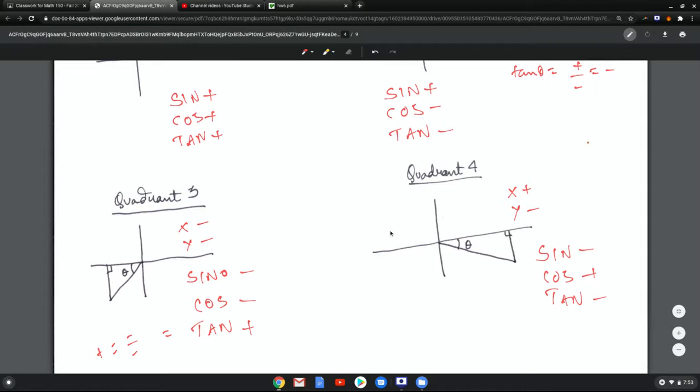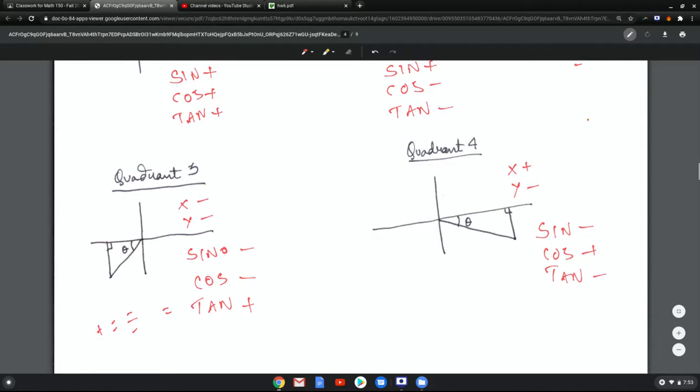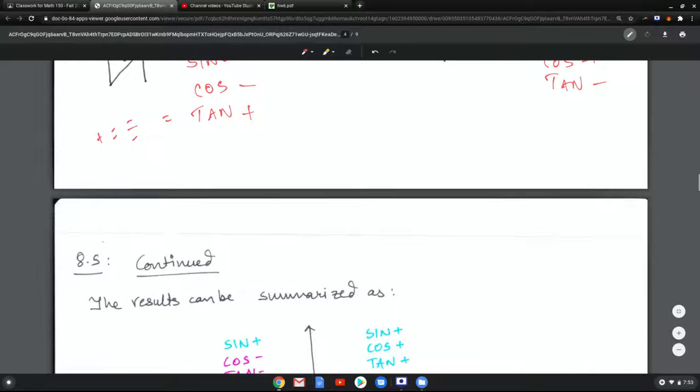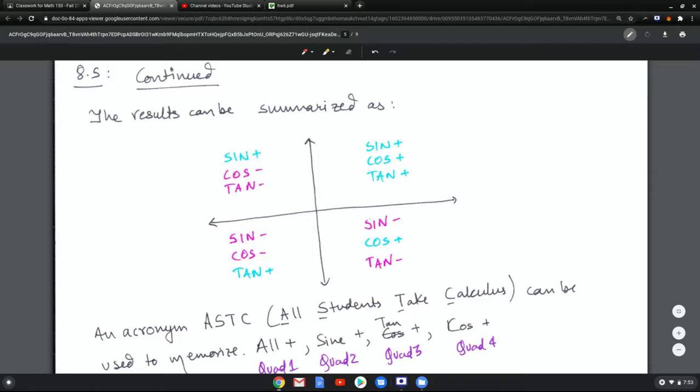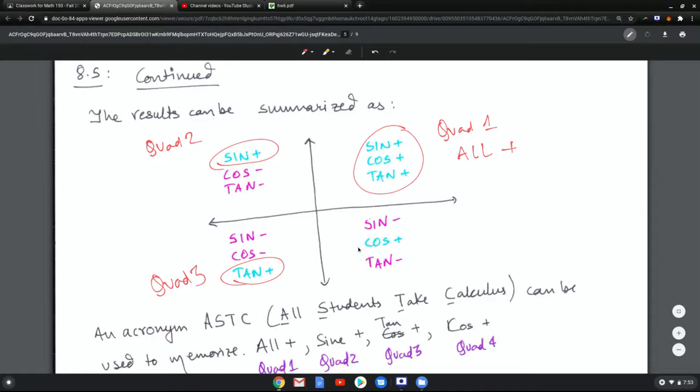So we have very distinct behavior for each of the trig ratios in the quadrants. So this is a summary of the result. In quadrant 1, we have all positive. Quadrant 2, we have sine positive. Quadrant 3, we have tangent positive.